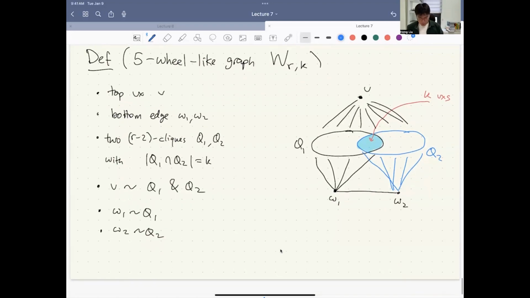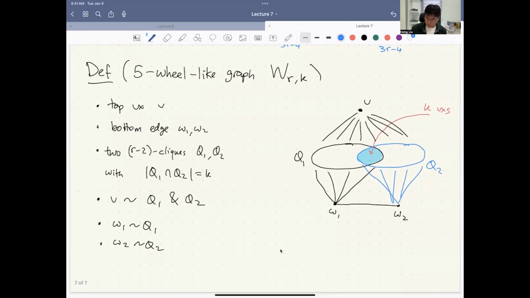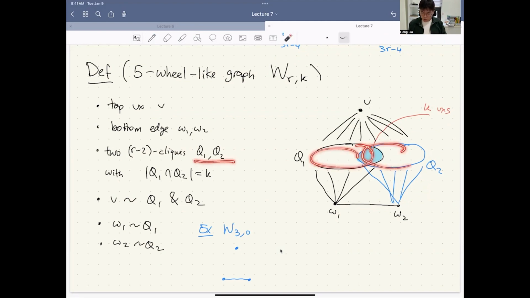Here are some examples. Let's see the simple one. What's U30? So you have a top vertex, you have a bottom edge, right? What's the size of the two cliques in the middle?